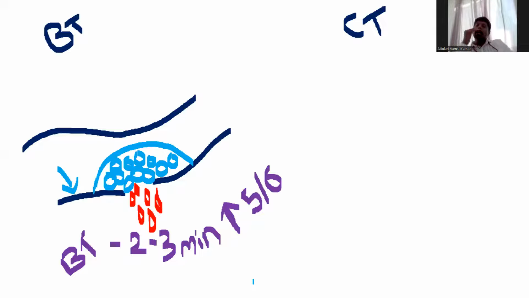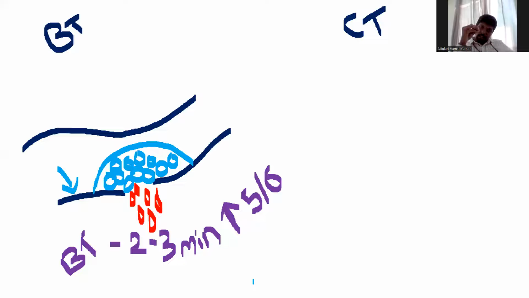let me give you some conditions where the bleeding time will increase. Say for example, we have a patient with viral fever, dengue viral fever. In dengue viral fever, this virus will damage the platelets, resulting in increased bleeding time.